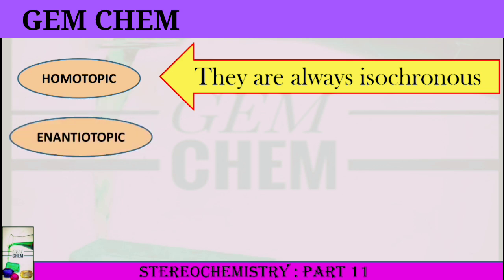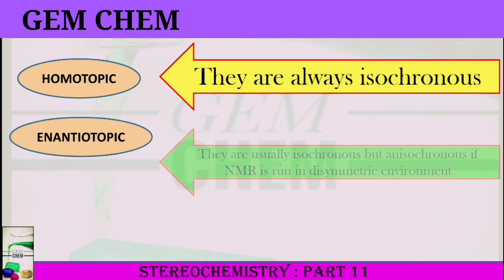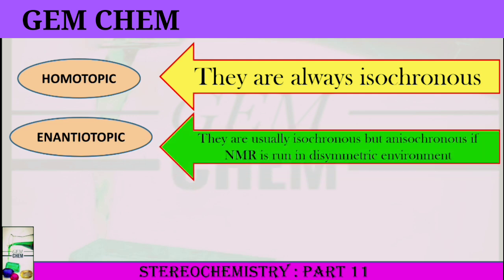In case of enantiotopic, there will be two protons which are enantiotopic. Isochronous is obtained provided we are running the NMR in a symmetric environment. So we can say they are usually isochronous, but once we are running the NMR in a disymmetric environment or solvent, or if we are using any kind of shift reagent or chiral solvent, then the enantiotopic protons give us anisochronous NMR.